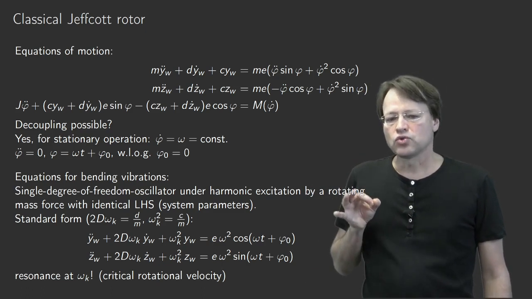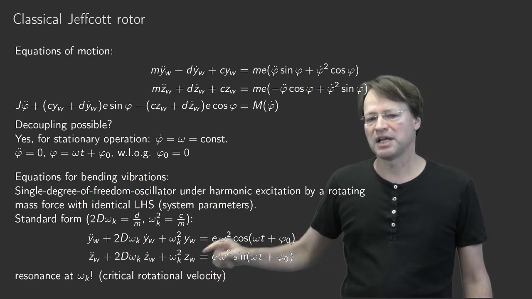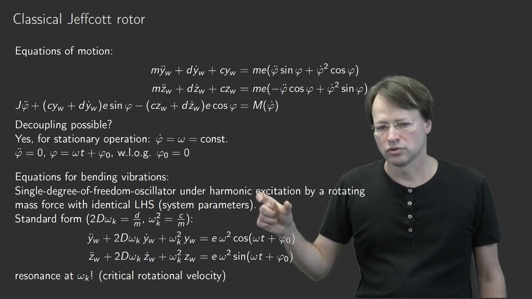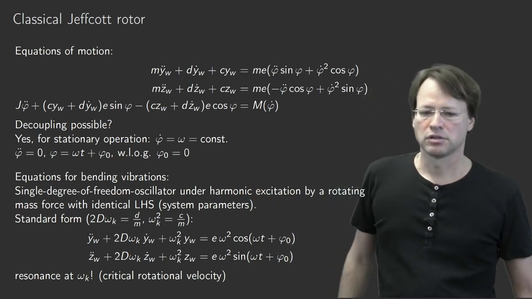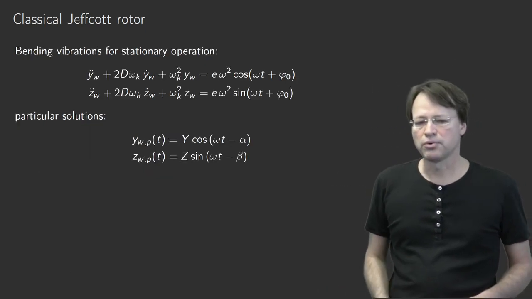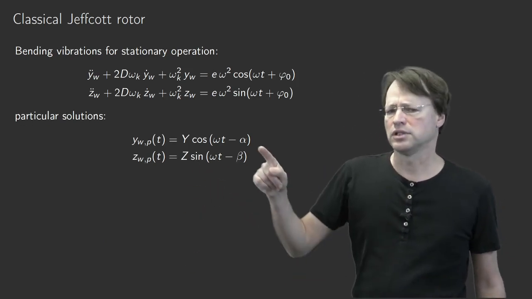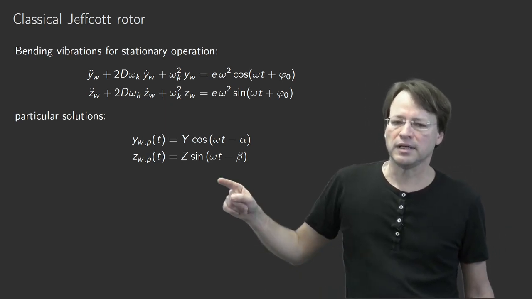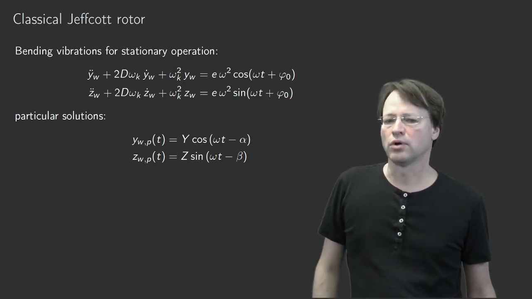Now, when we want to compute the particular solution for the displacements, then it makes sense in that setting to choose a cosine of omega t plus some angle epsilon for the y component, and to choose a sine function for the z component, the vertical component of the coordinate. You can see it's written here with an alpha and a beta. Why?